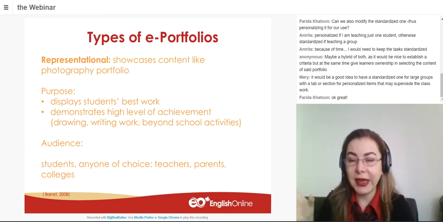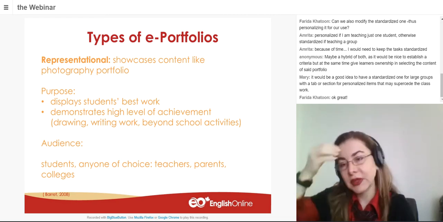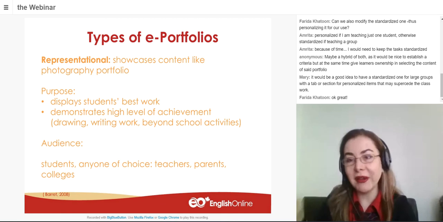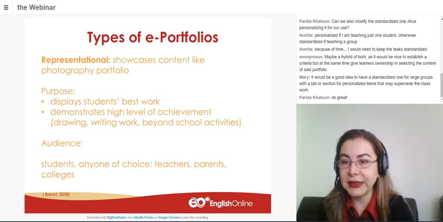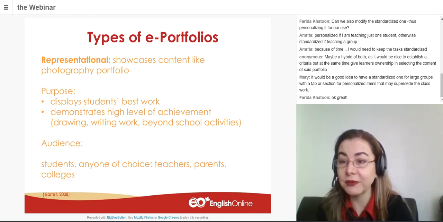Somehow, you would give learners somewhere along the way on their project to have their own freedom. It would be a good idea, Mary, to have a standardized one for large groups with a tab or section for personalized items. Yes, that may supersede the classwork.